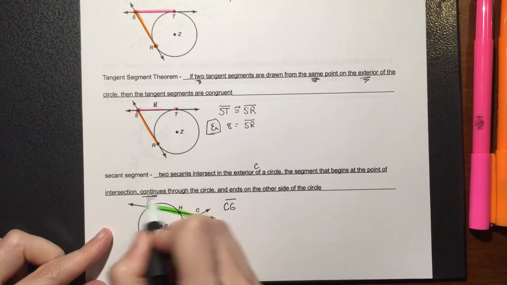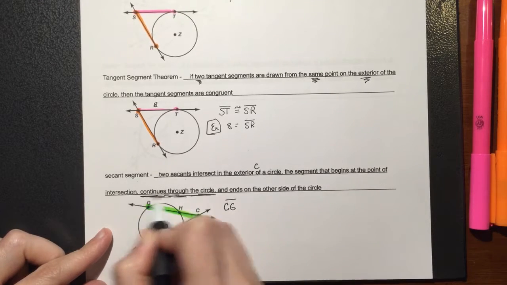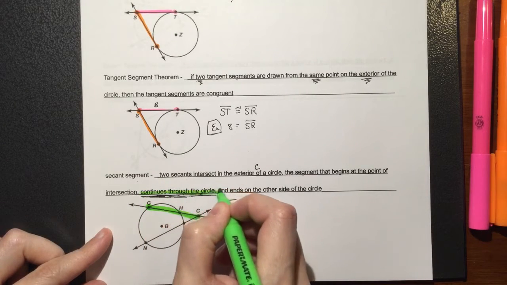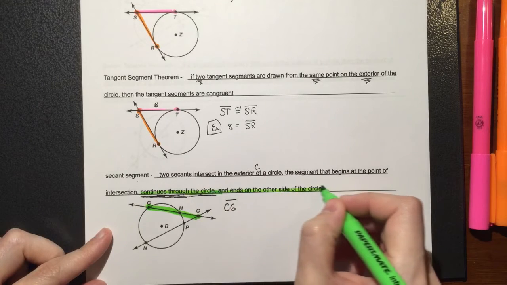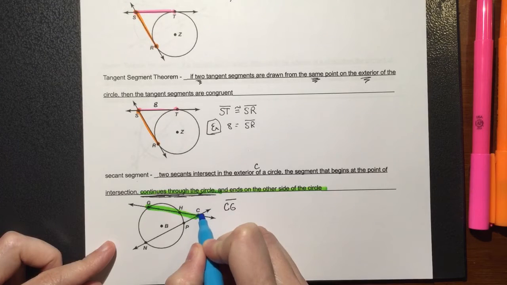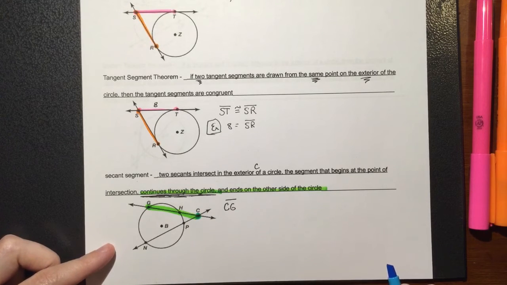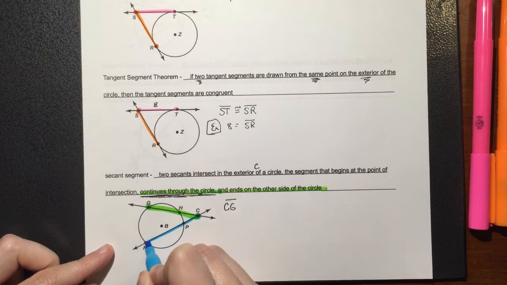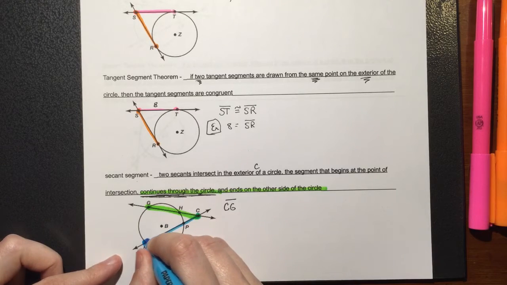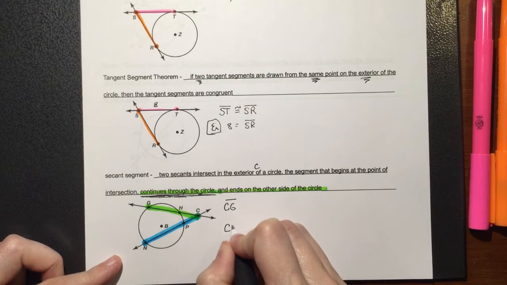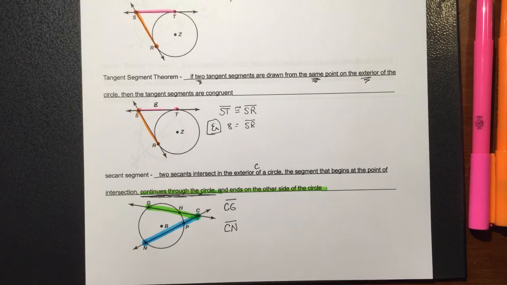And the big part is it continues through the circle and ends on the other side. So if we do the other one, because it says 2, we're going to start at the external point, go through the circle, and go all the way through the circle to end. So if we're looking at that one, CN is a secant segment.